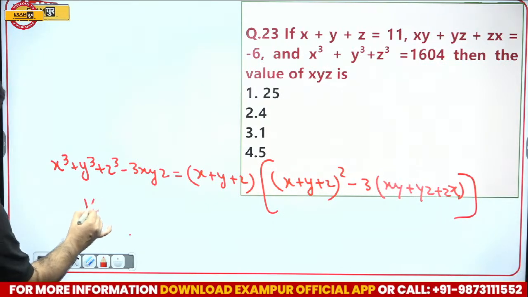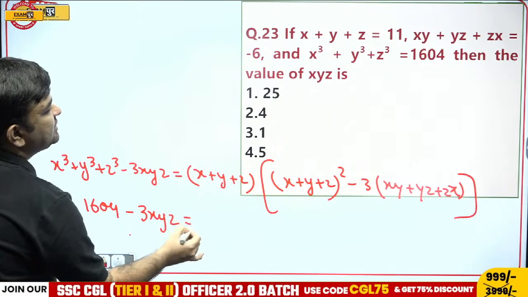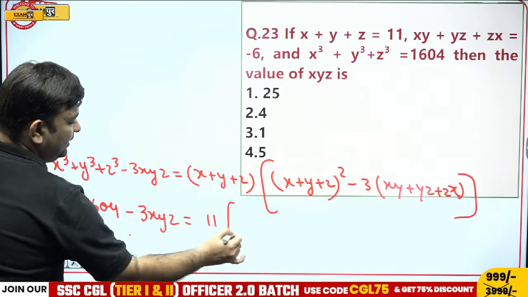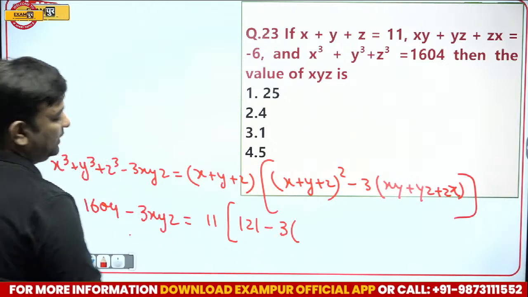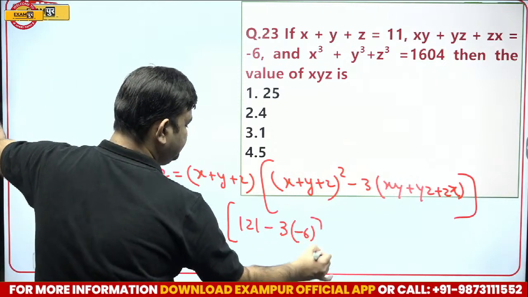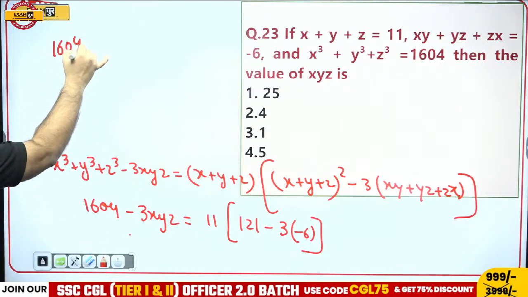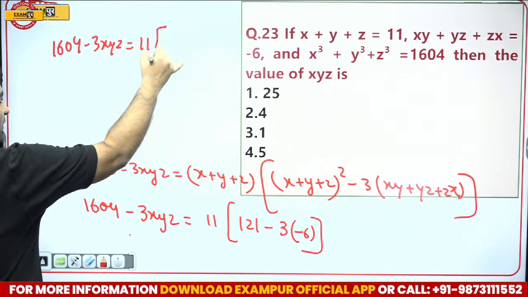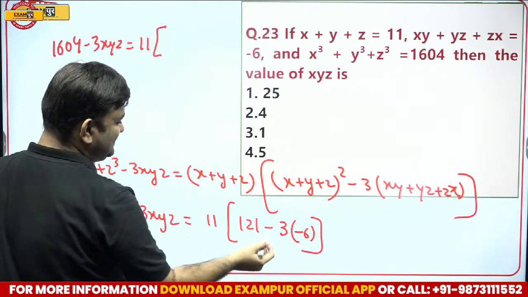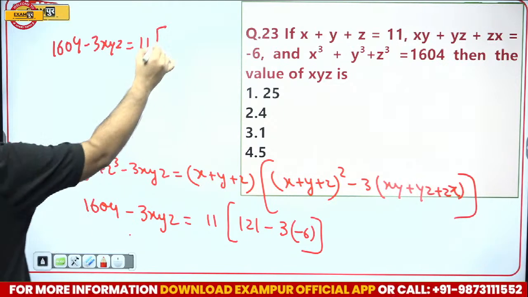This is given as 1604. This is being asked. x plus y plus z is 11. 11 squared is 121 minus 3 times minus 6. So 1604 minus 3xyz is equal to 11 times (121 plus 18), which is 11 times 139.